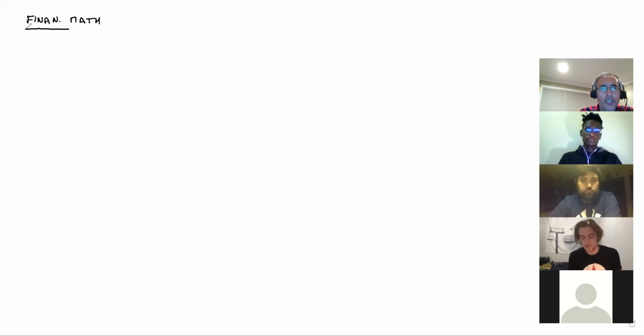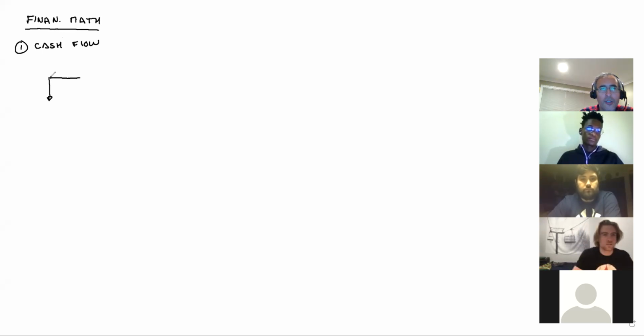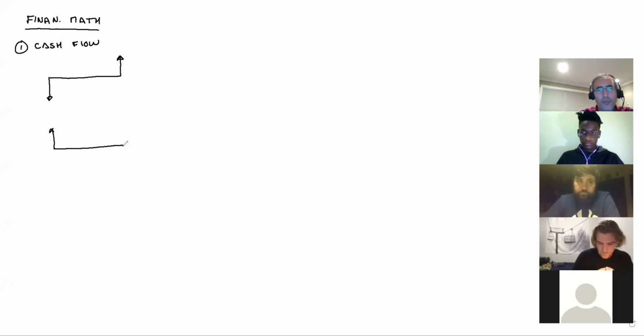And guys, everything starts with the cash flow. The components of a cash flow are always like that. We always have the following components. This is going to be an outflow.